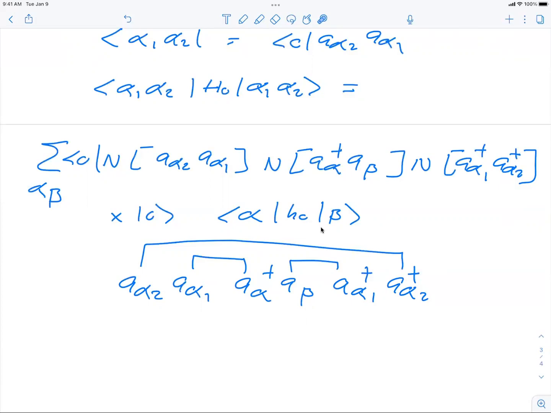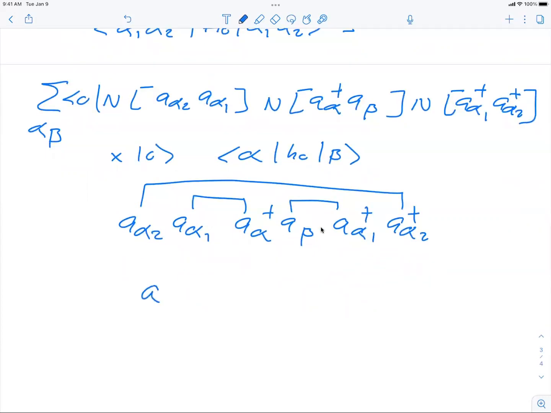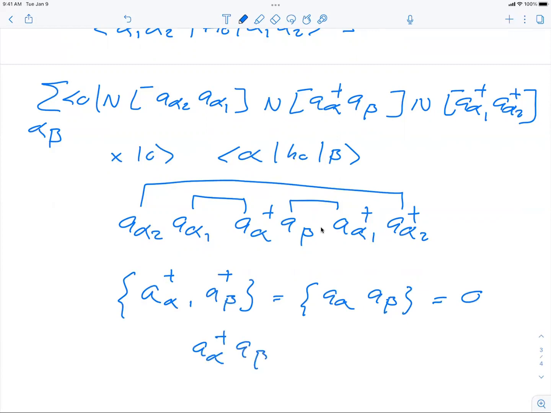So that means that when you look at the sum of all the contractions, Wick's generalized theorem is a consequence of you having defined the commutation rules. And then we have the other contraction here where we also have defined that A alpha dagger, A beta, 0 is equal to 0.